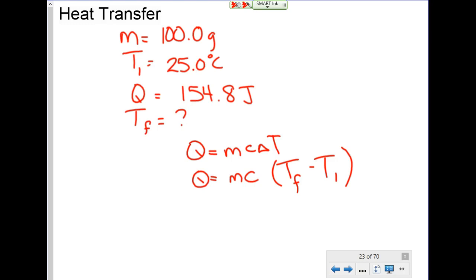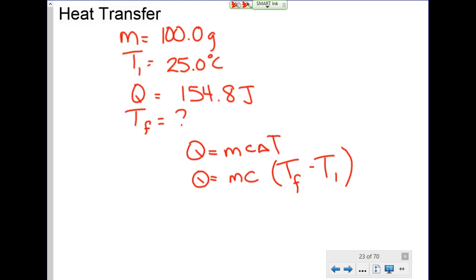If algebra with more than two operations really messes with you, you have a subtraction, a multiplication, and a division that's going to happen, you might prefer to tackle it this way.